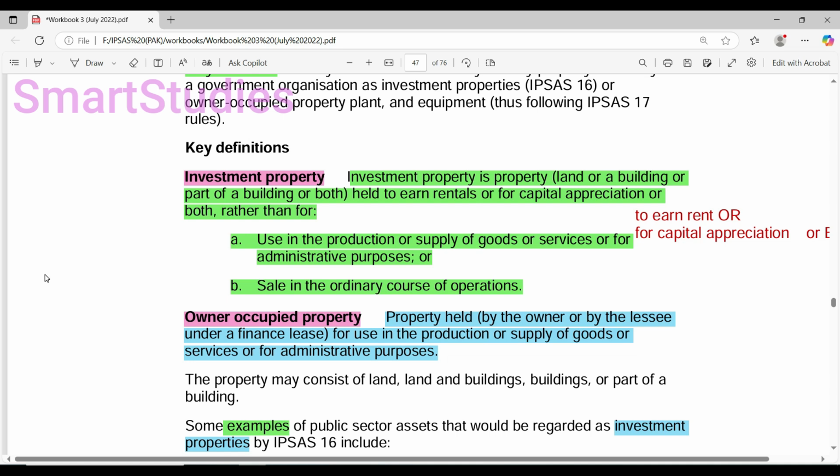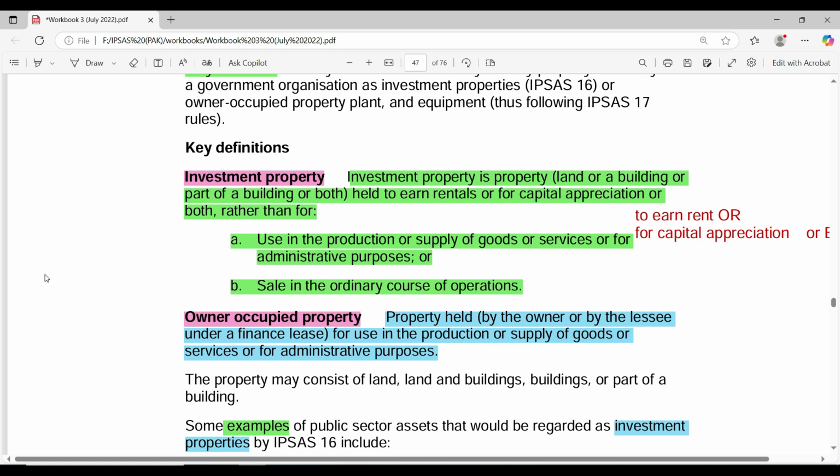The properties which are used in supply of goods are not investment properties. The properties which are used in providing services or for any other administrative purpose are not investment properties. Investment properties are only those properties which are held to earn rent or for capital appreciation or both. And the sale in the ordinary course of operation is also not a part of investment properties.